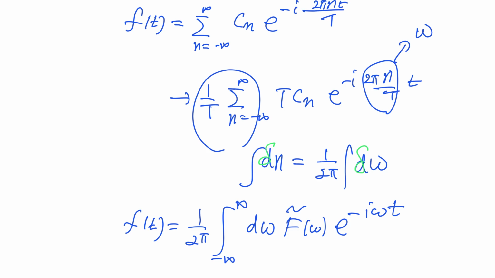And for Cn, we have the original formula for calculating Cn. I think I made a mistake of sign, minus. So it has to be plus and plus. I've been trying to be careful, but still making mistakes.